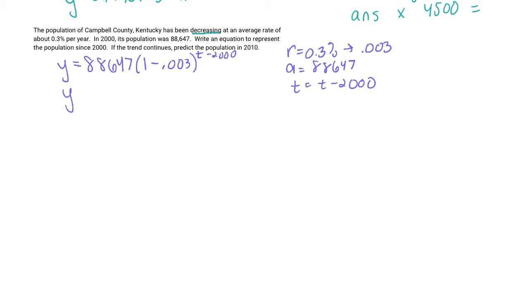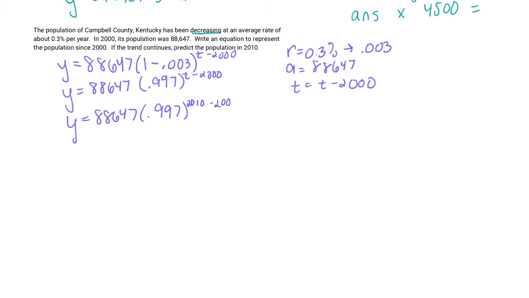Just to simplify, 88,647 times 0.997 to the T minus 2000 power. Now I want to know the population in 2010. So 88,647 times 0.997 to the 2010 minus 2000 power.